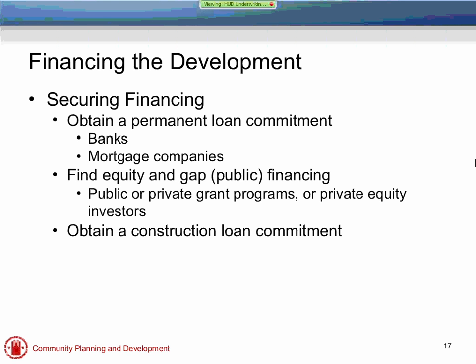In addition, most affordable housing projects need some third sources of funding, which we call gap financing. It's the money that you need to cover the difference between the costs and whatever you can borrow from private sources and whatever you can raise in equity.